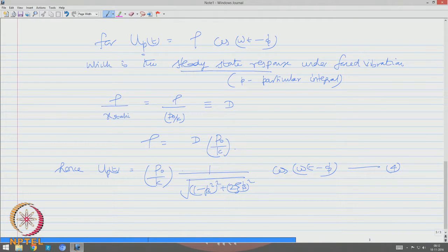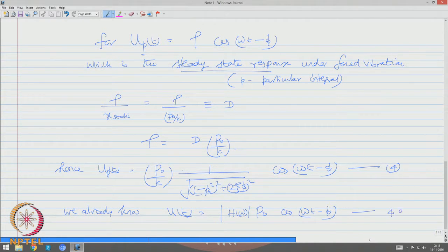We already have one equation earlier, which we said: we already know that u of t is H omega P 0 cos (omega t minus phi).